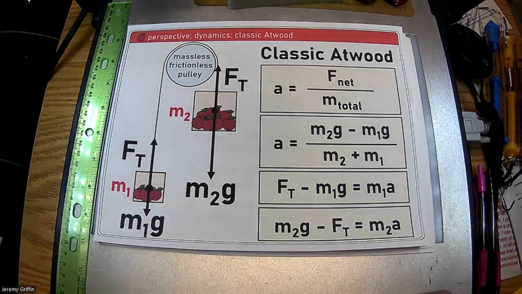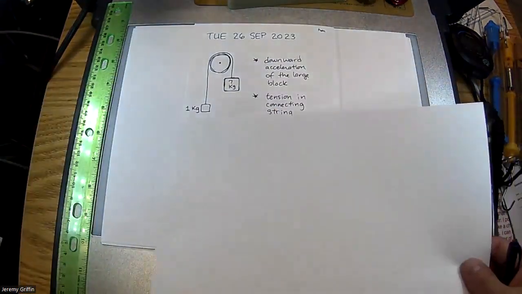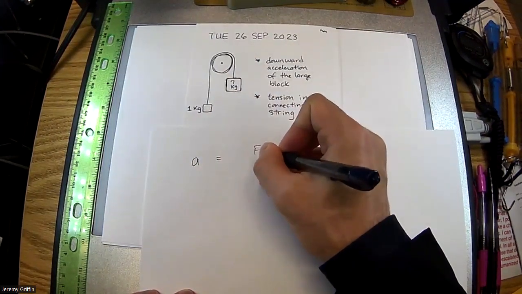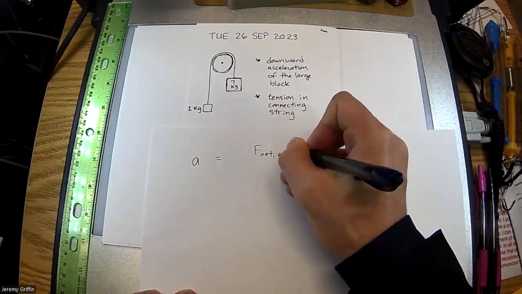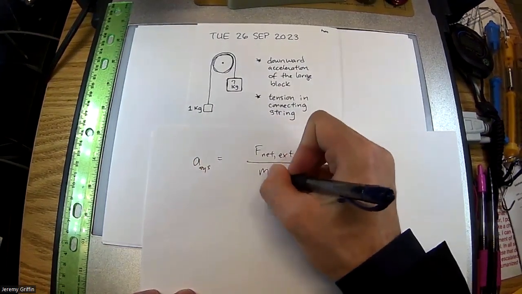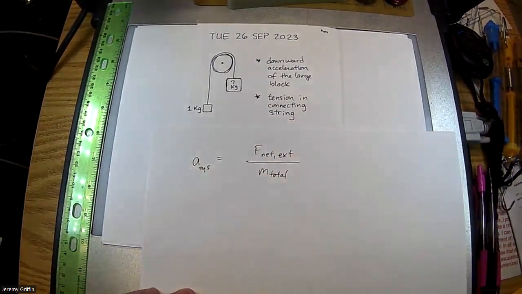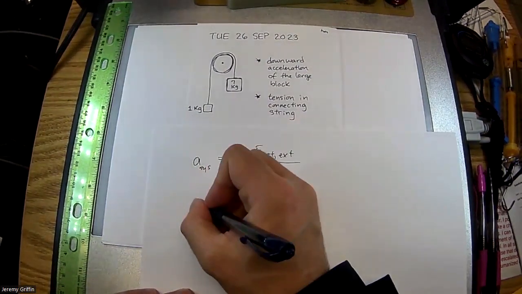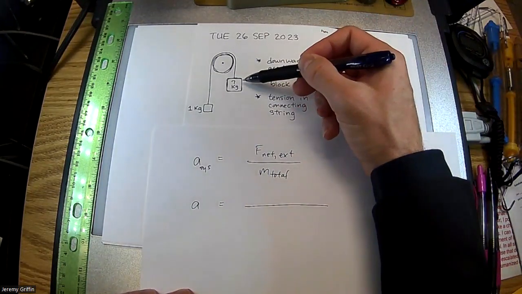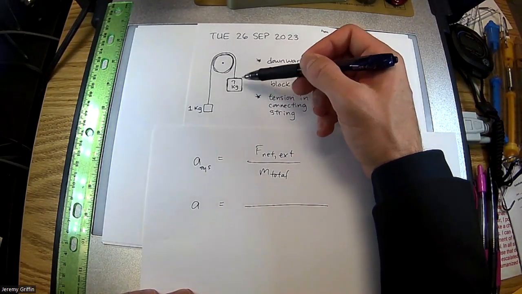So let's do that. Acceleration is the net external force, because I'm doing the systems point of view, on M total. There's Newton's second law of motion, and we're just going to apply it to this. So the acceleration is, well, how many newtons does 7 kilograms weigh?